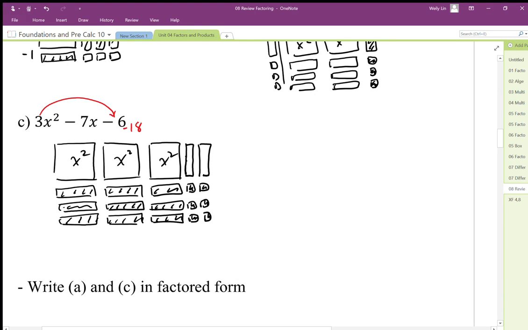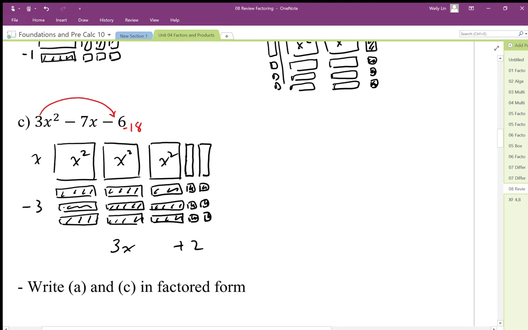So then my length is going to be 3x, and it's going to be minus 1. And then along here, I'm going to have x plus 2, or x, that's going to be plus 2. And I have x minus 3 here.